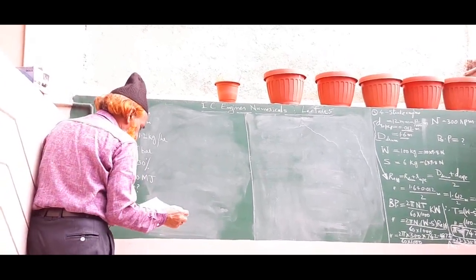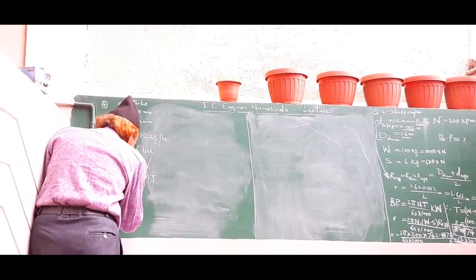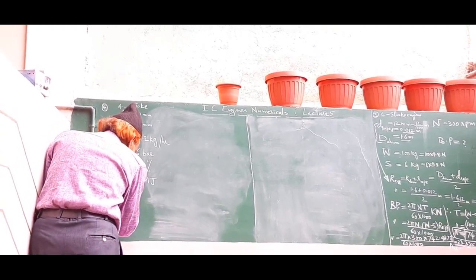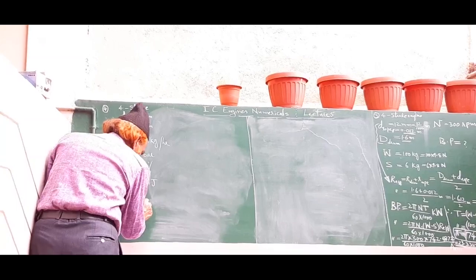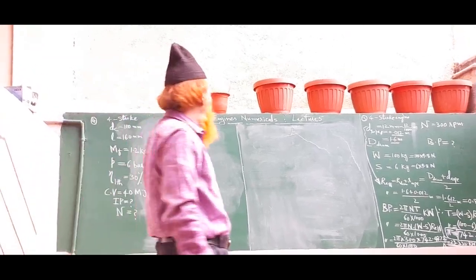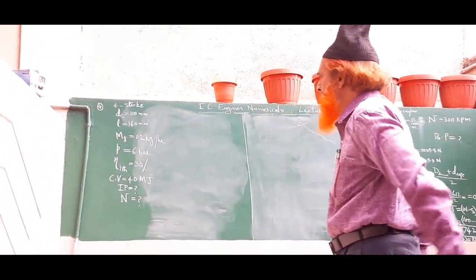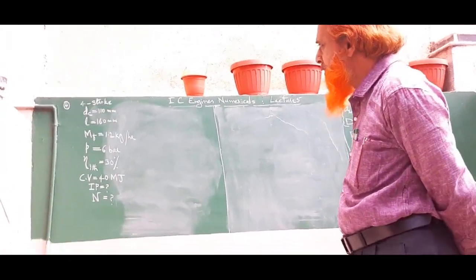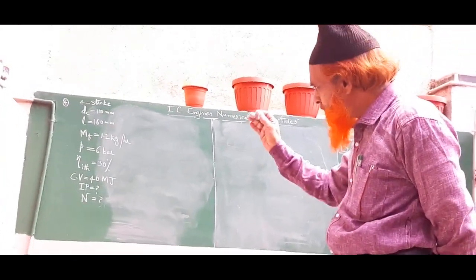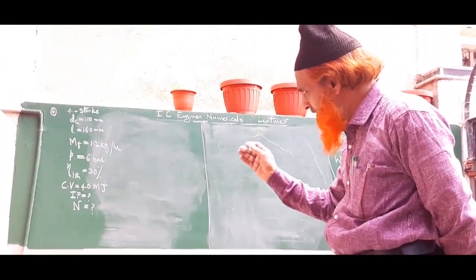And crankshaft speed means RPM, how much? This is what you are told. Is it clear? Like this, you have to write down all the data given.